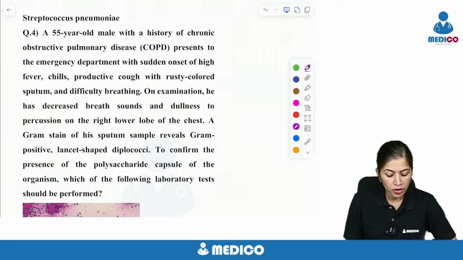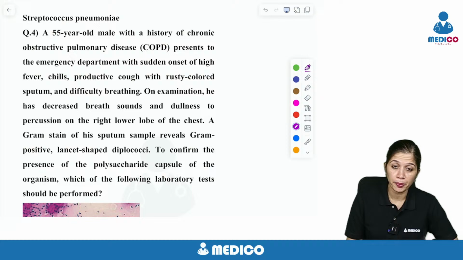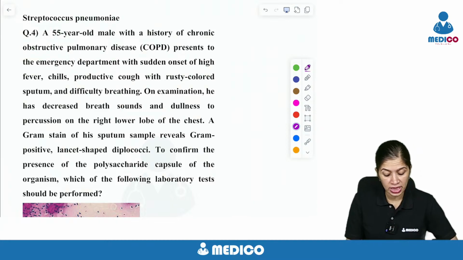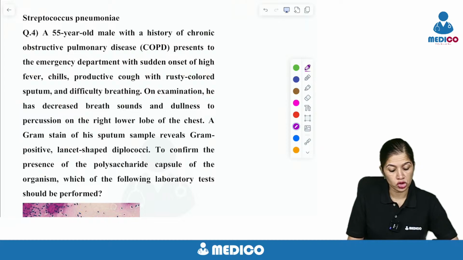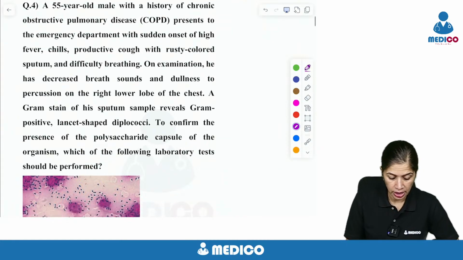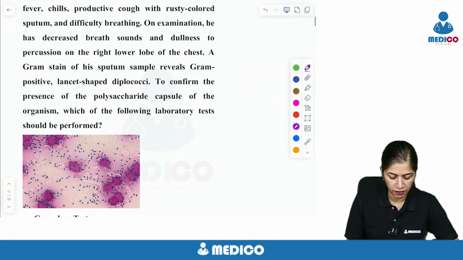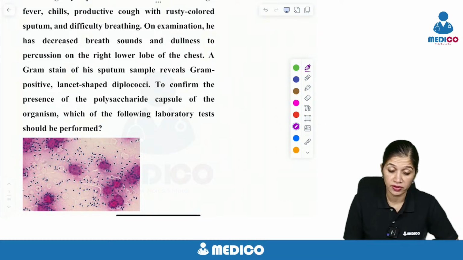A gram stain of his sputum sample reveals gram-positive lancet-shaped or lanceolate-shaped diplococci. To confirm the presence of the polysaccharide capsule of the organism, which of the following laboratory tests should be performed? Okay, and they have given a gram stain here wherein you can see this gram-positive diplococci.